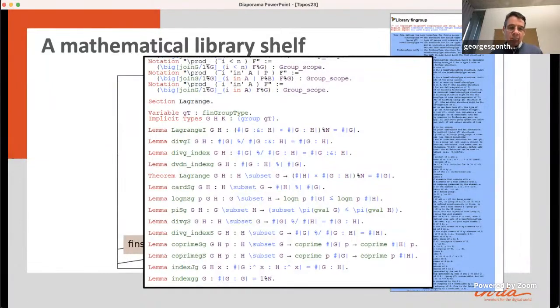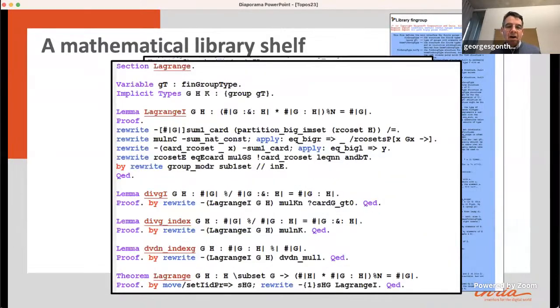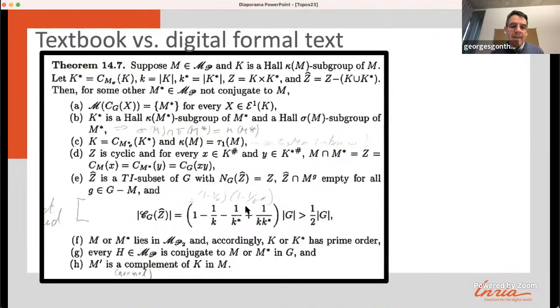And so this is the basic part of the library. All of the proofs are really, really short, like the actual proof of the Lagrange theorem is just 5 lines. And most of the corollaries are derived in a single line.